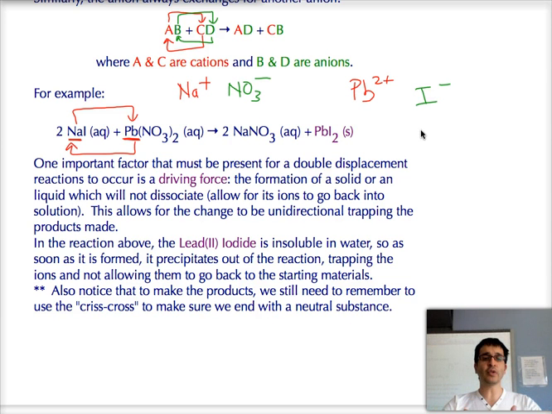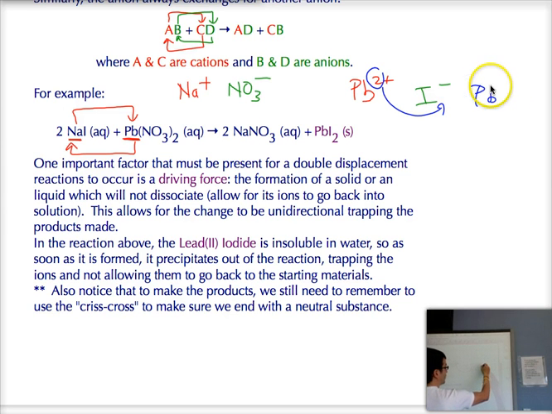Sodium and nitrate will react in a 1-to-1 ratio because it's a 1 and 1, so it will make a neutral compound immediately. The lead 2 and the iodide need to crisscross, and in that case the 2 comes down, and that's why we're going to make the PbI2.